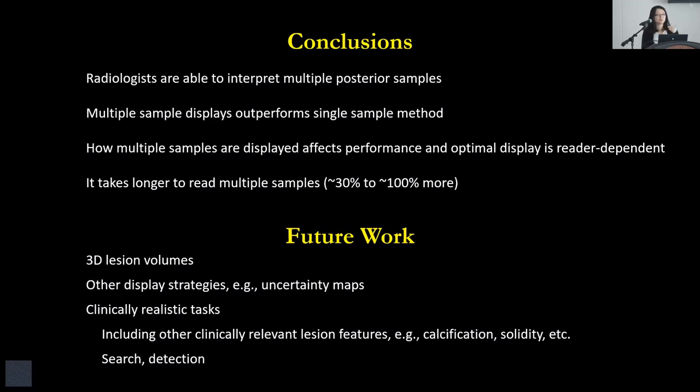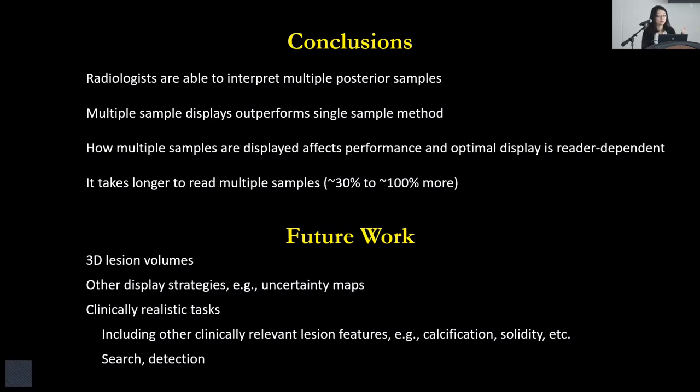Our radiologists have been very welcoming of the idea of improving performance, and that's the task we're focusing on: can we improve performance compared to a single sample? There is the question of how many samples is enough, because that directly affects how much time the radiologist would take to read these images.